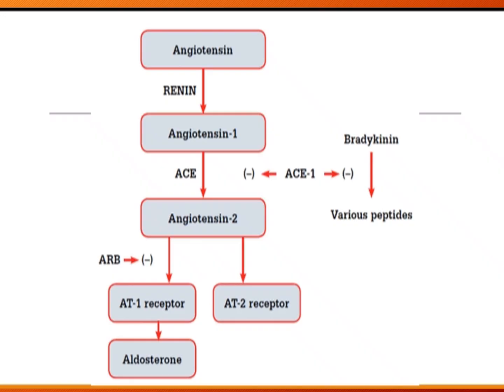Alright, so we have a diagram here which is going to guide us with the mechanism of action. We have the renin, which is from the kidney as usual. Then we have the angiotensinogen, which is from the liver.